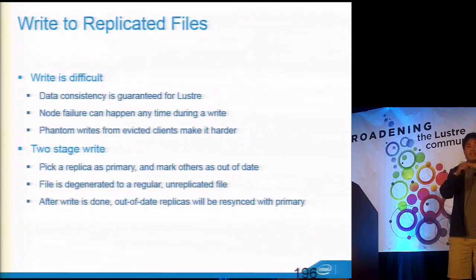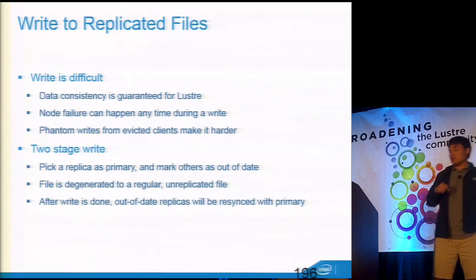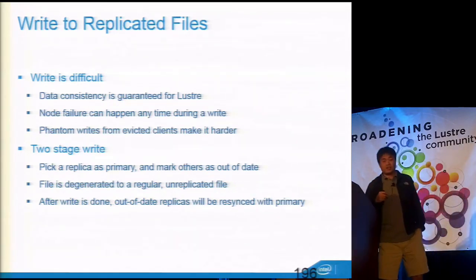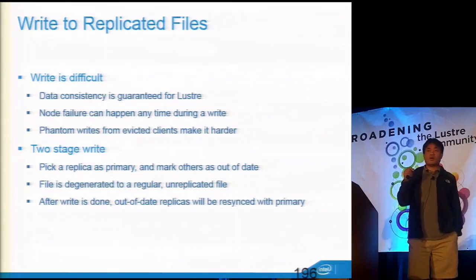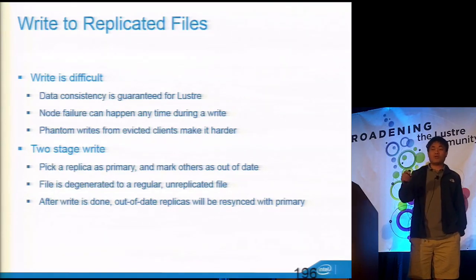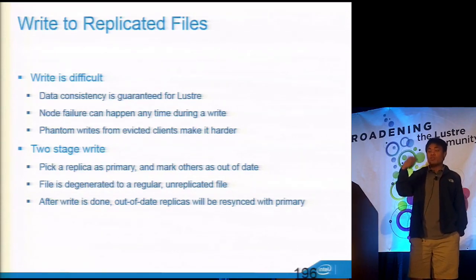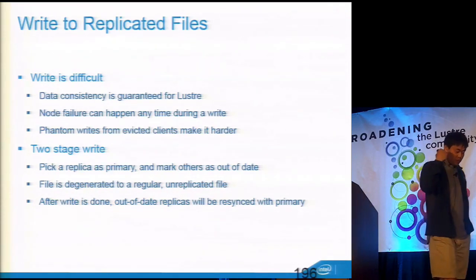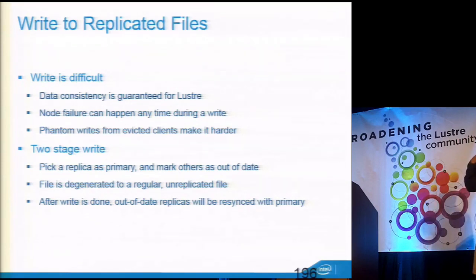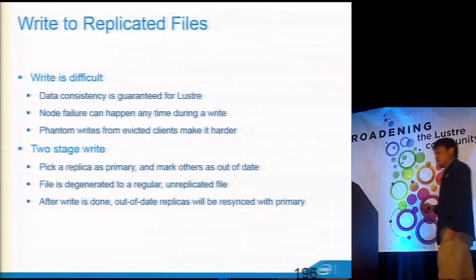So we don't have to maintain exactly the same copy of data all the time. And after the write is done, we're going to initiate an asynchronous data copy from primary replica to stale replicas, and then we can bring the stale replicas to be valid again.